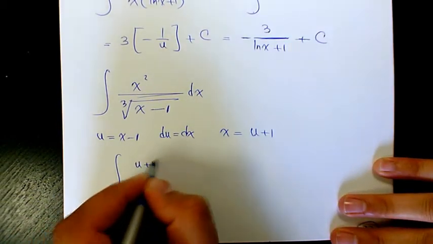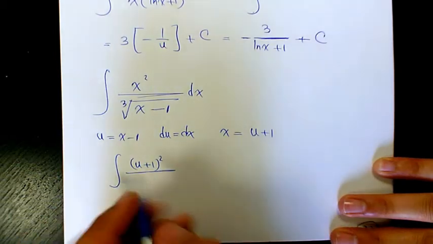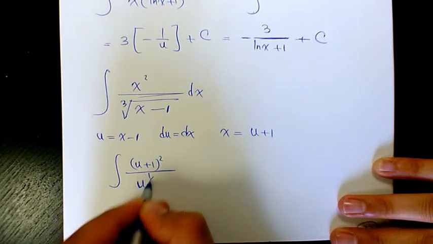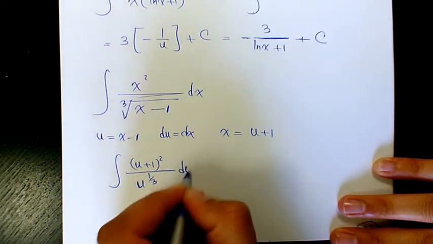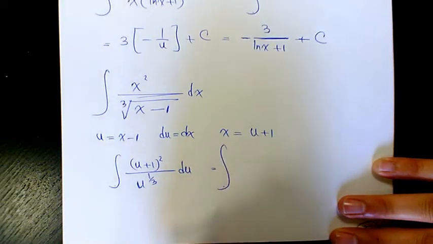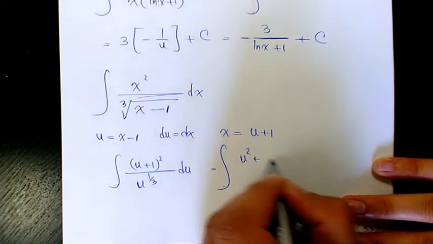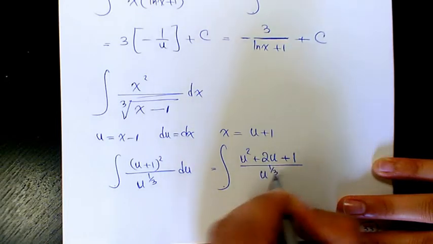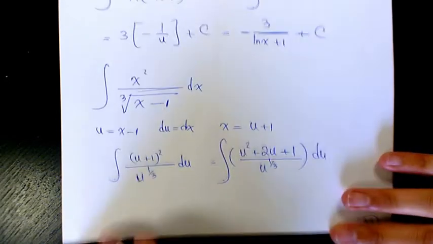u plus 1 to the power of 2 divided by the cube root of u, or u to the power of 1 over 3, du. So we have u squared plus 2u plus 1 over u to the power of 1 over 3 du.